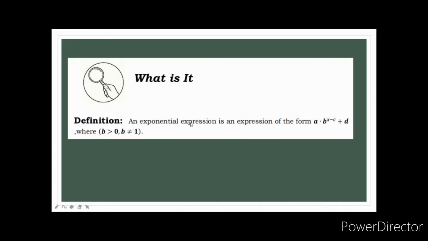An exponential expression is an expression of the form a times b raised to x minus c plus d, where b is greater than 0 and b is not equal to 1.